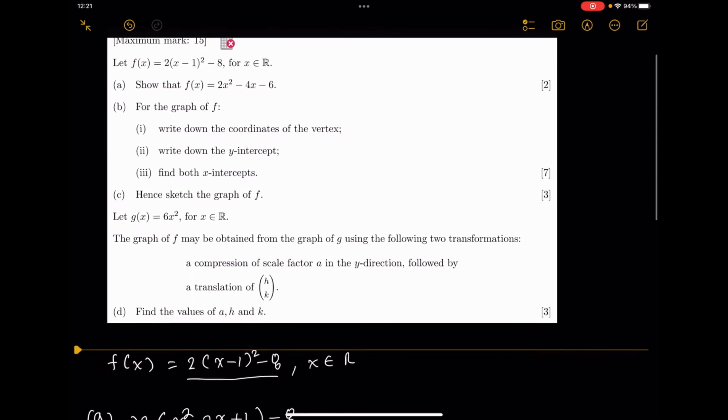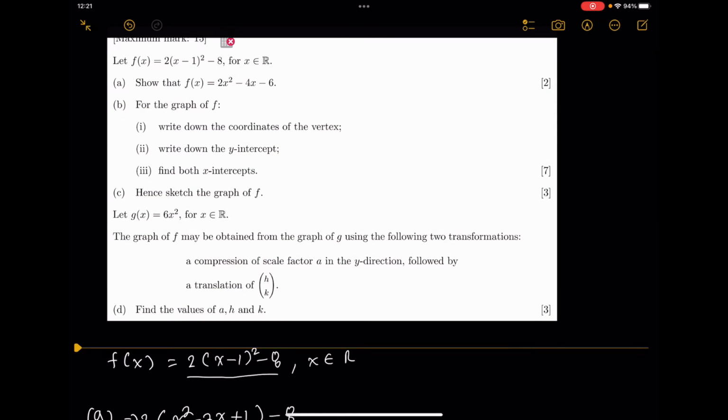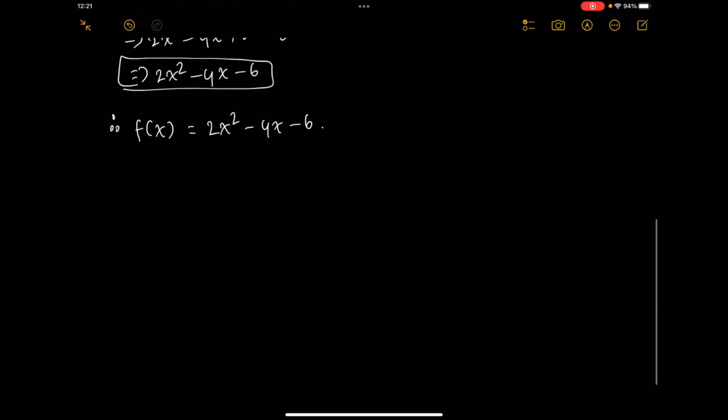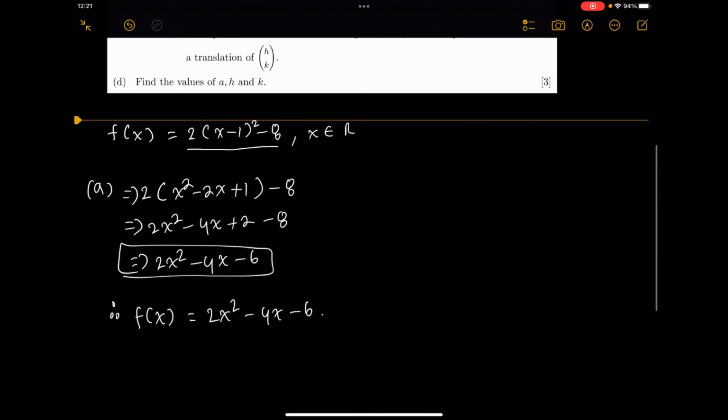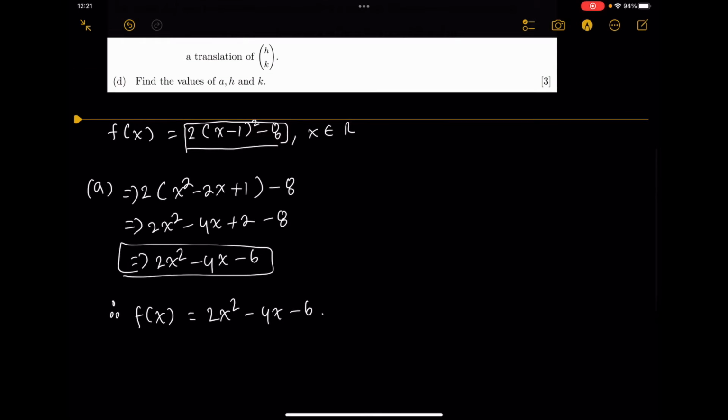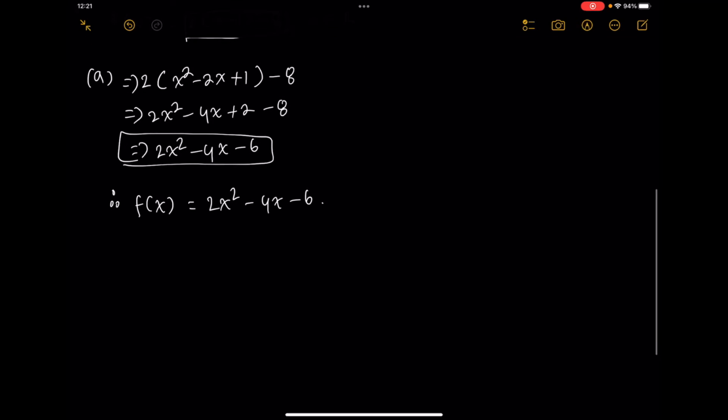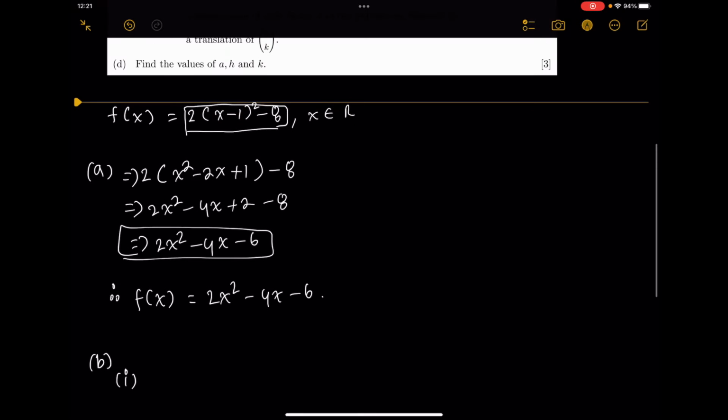Now for part B, we need to find the coordinates of the vertex, write down the y-intercept, and find both the x-intercepts. From our vertex form, we can find the vertex. We see a minus 1 over here. This minus 1 will become a 1, so h is equal to 1.